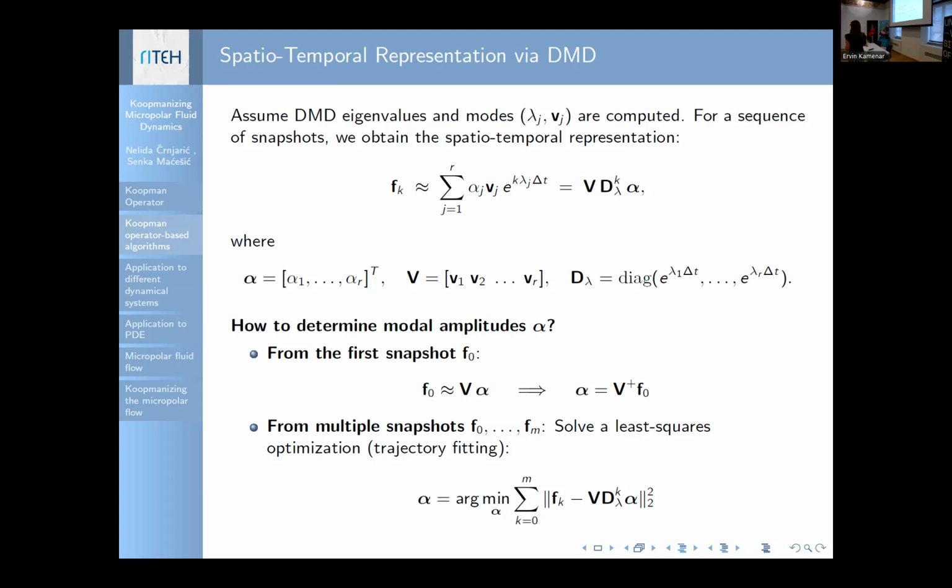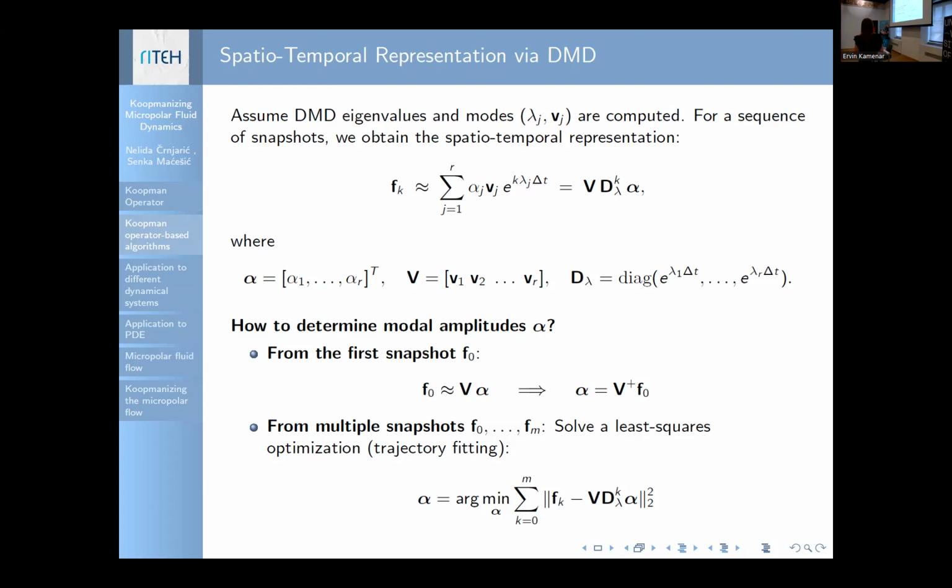These are the amplitudes of modes, and they can be determined in different ways. One of the simplest is projection onto the first snapshot: we project the first snapshot on the modes, and the coefficients we obtain are these amplitudes of modes.